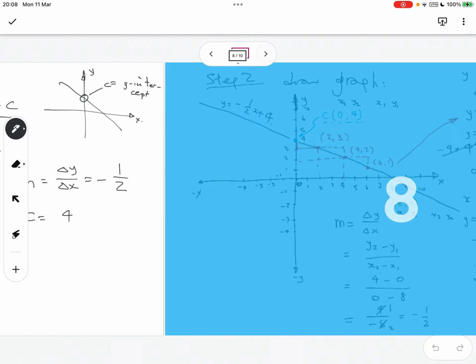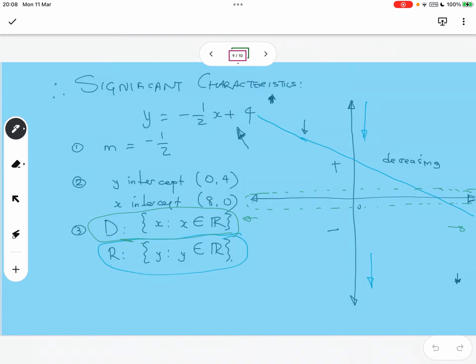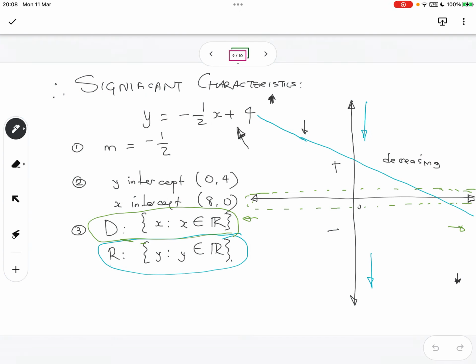So in this instance of this particular straight line, whether we're looking at the behavior of the x values to the left or to the right, that behavior shows us that x values are real values.